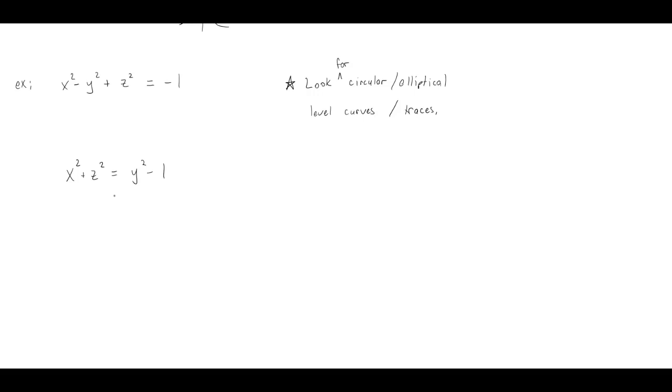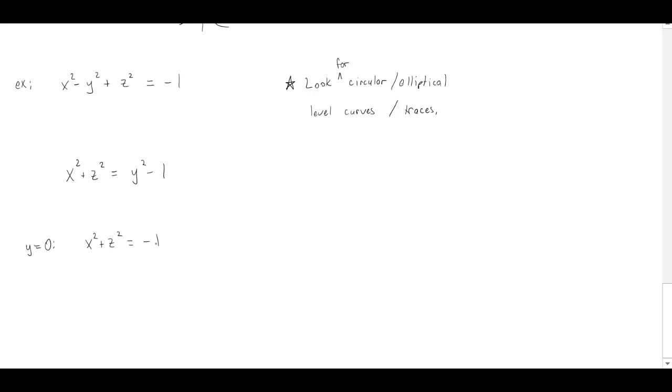Okay, so let's try to plug in a couple of values of y and let's see what happens. Let's consider what happens when we plug in y equals 0. So when y equals 0, we're going to get the equation x squared plus z squared equal to -1. Okay?